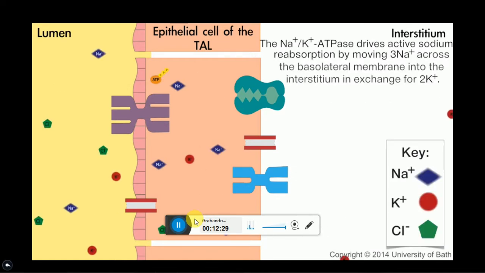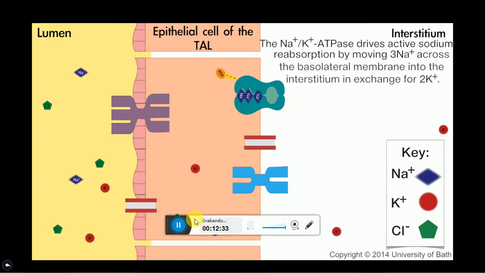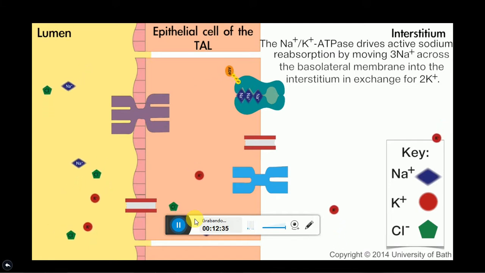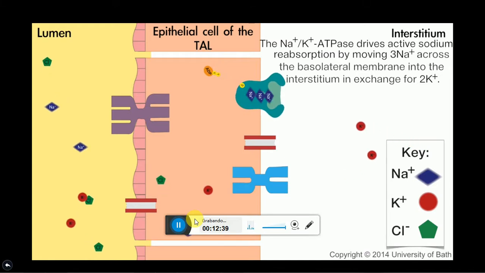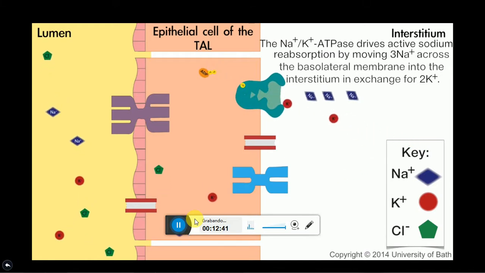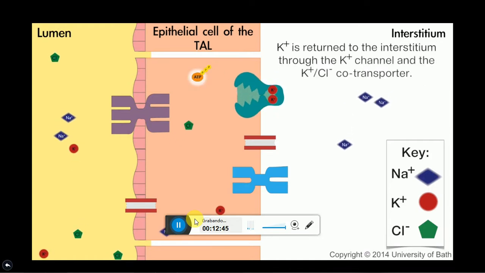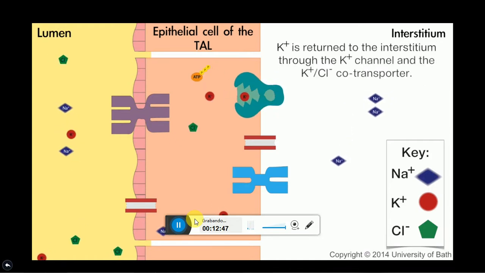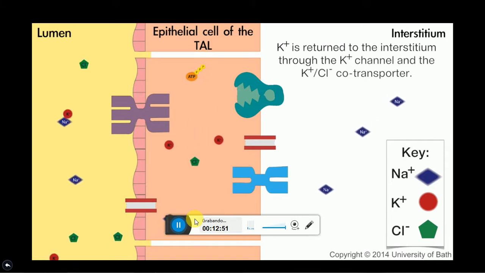The sodium-potassium ATPase drives active sodium reabsorption by moving free sodium across the basolateral membrane into the interstitium in exchange for 2 potassium ions. Potassium is returned to the interstitium through the potassium channel and the potassium-chloride cotransporter.